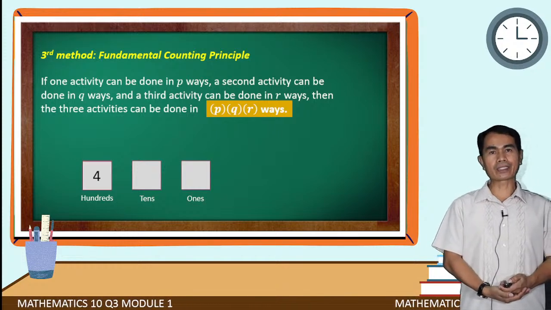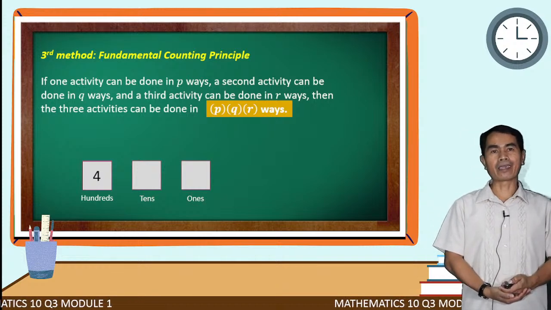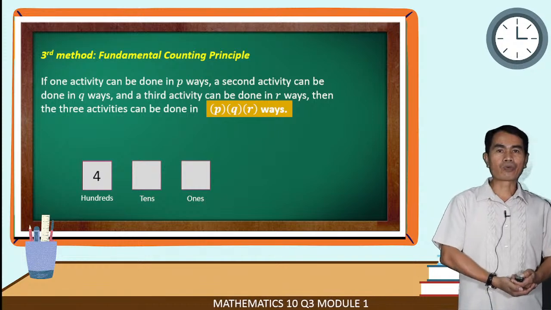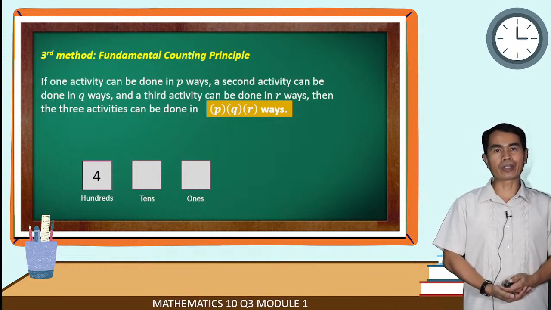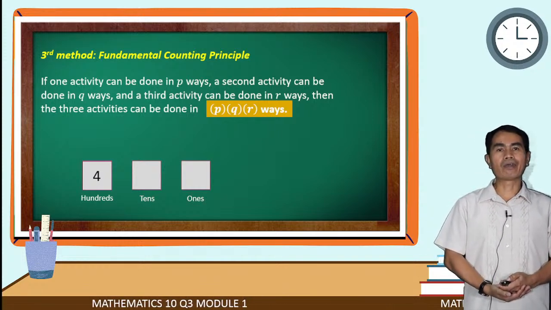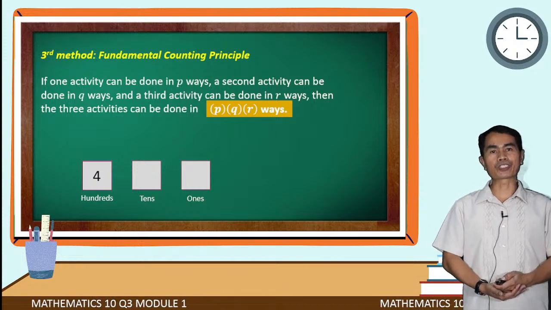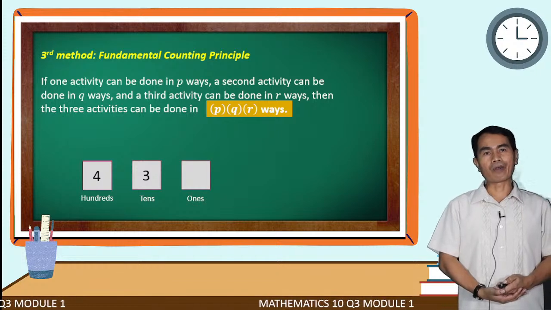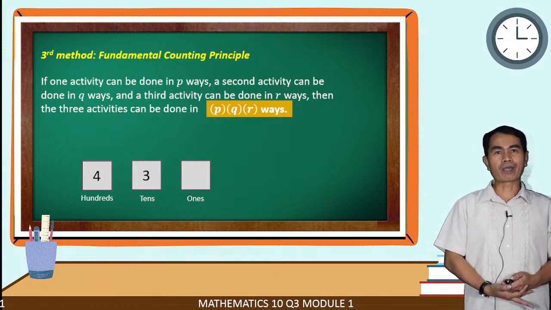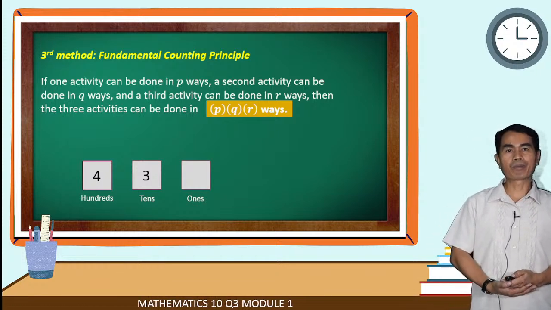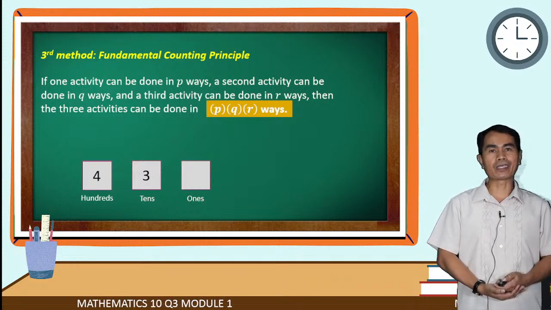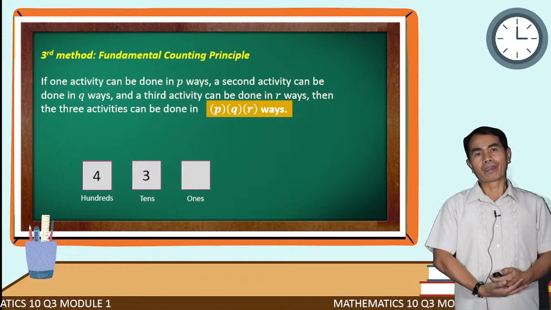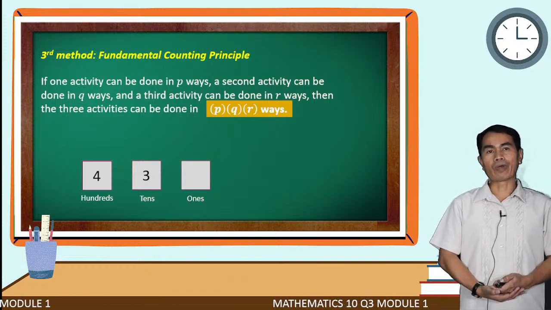How about the tens place? Take note a while ago that repetition is not allowed. So, we have already used 1 digit for the hundreds place, so there are only 3 remaining options for the tens place. And then for the ones place, since we have already used 2 digits for the hundreds place and tens place, we have only 2 remaining options for the ones place.